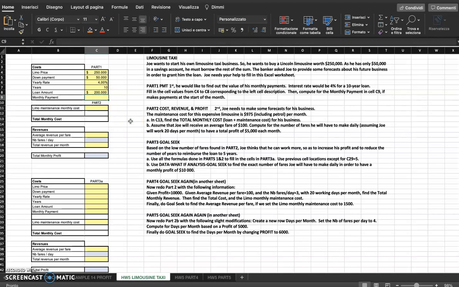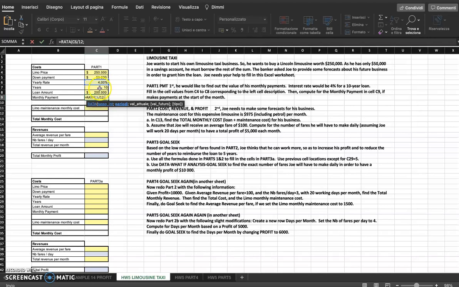For the monthly payment, we have to use the formula rate. I have it in Italian, so it's called rata. In order to do this one, we take the yearly rate first, cell 6, divided by 12, because it's the number of months in a year.